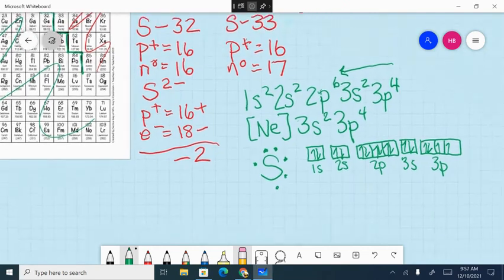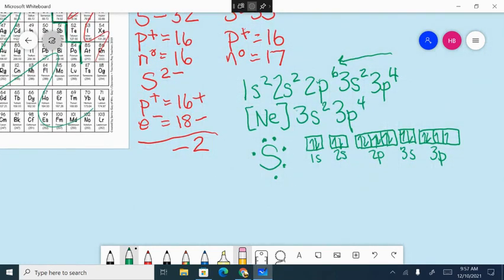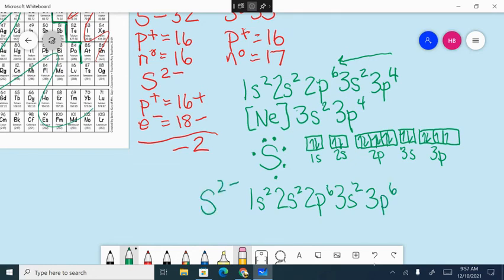Now, when sulfur becomes an ion and gains 2 more electrons, he will have a noble gas electron configuration, just like argon. So it's called isoelectronic with argon when he is an ion. So this is the sulfur 2- electron configuration. This will conclude the summary of these 2 lessons for today. Tomorrow we'll do another summary.